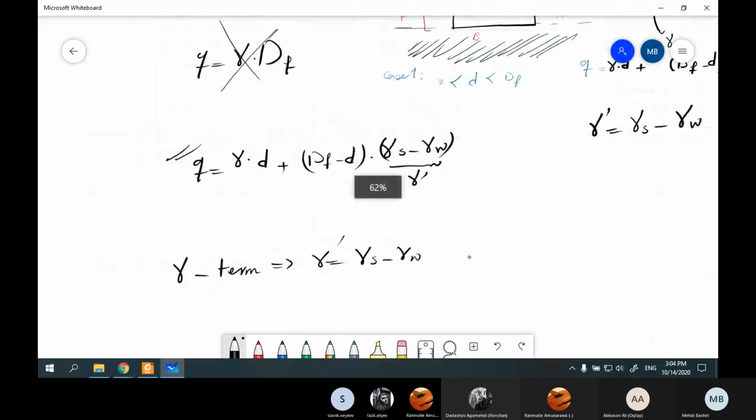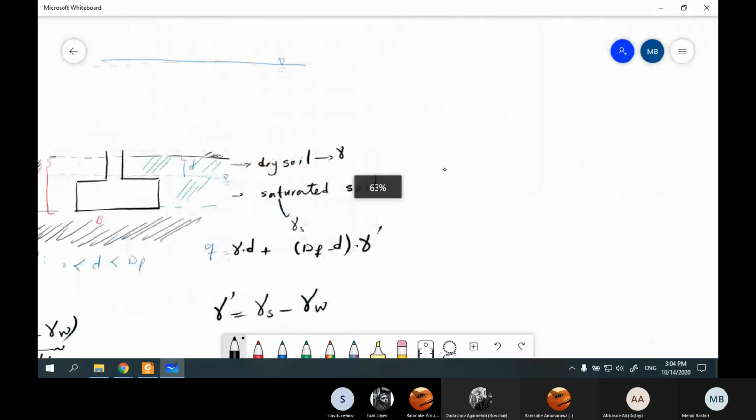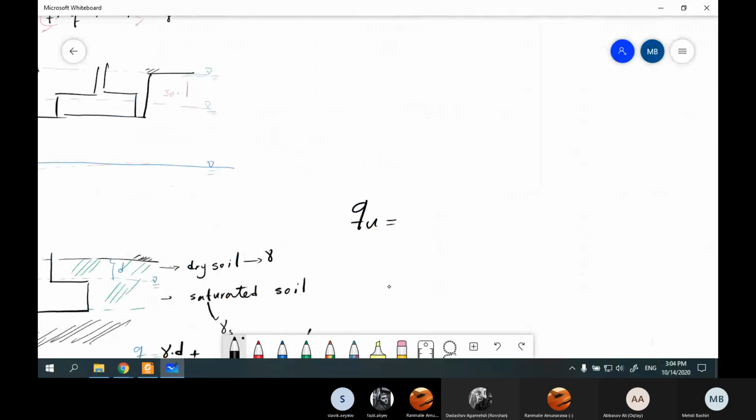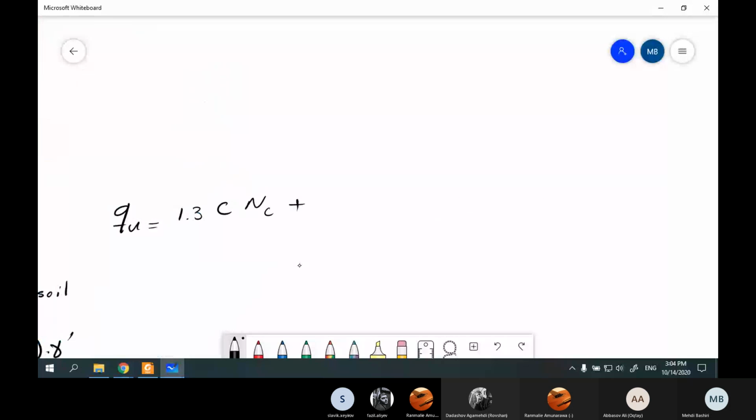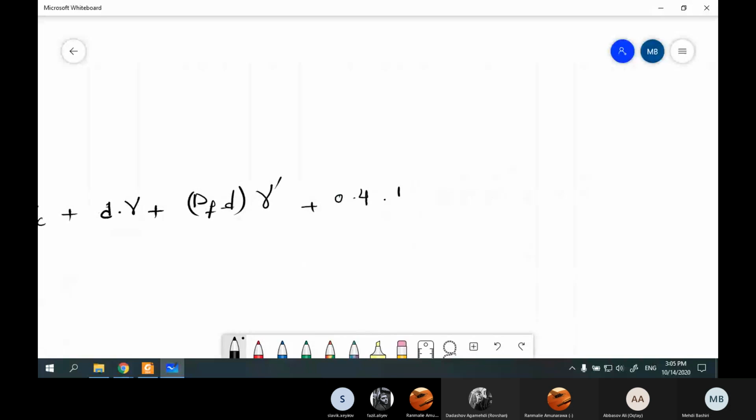So for case 1, if I want to write the capacity, it is, for example, 1.3 c' Nc plus, instead of q, I write the final value, d times gamma plus (Df minus d) times gamma prime, times Nq, plus 0.4 times B times gamma prime times N gamma.